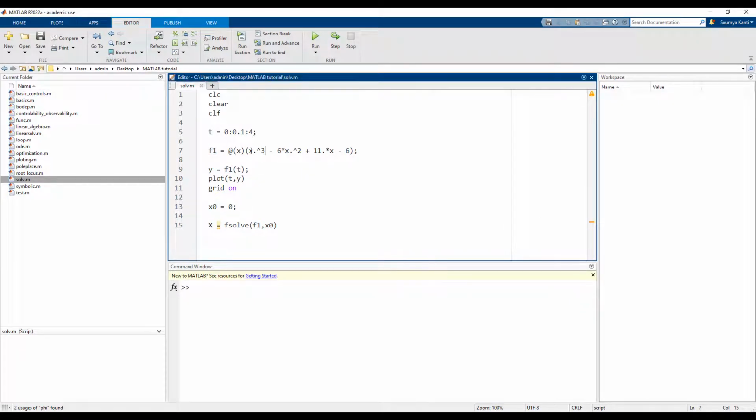x cube minus 6x square plus 11x minus 6. So this dot to the power 3 will actually do element wise multiplication. If x is a scalar, it will just do the scalar thing, but if x is a vector, then it will do element wise multiplication.